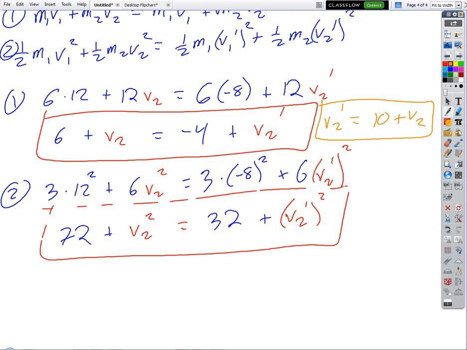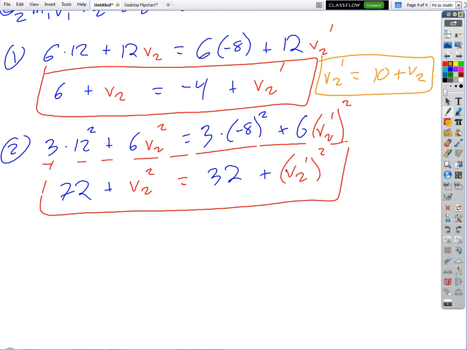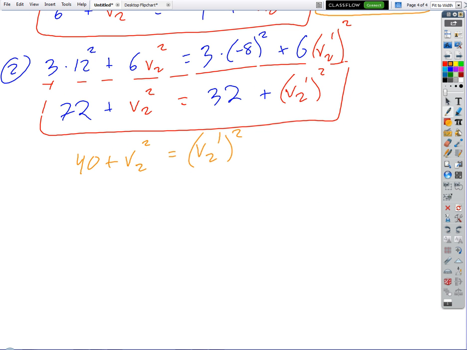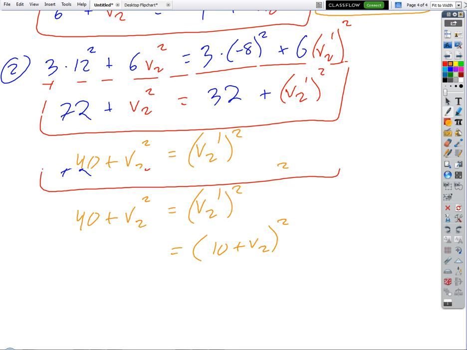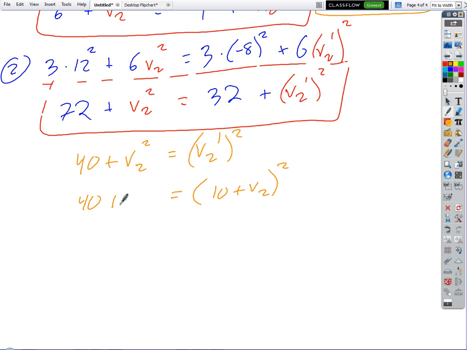Down here we can make this one a little bit simpler. We could combine like terms, so let's subtract 32 from both sides, and we're just going to get 40 plus V2 squared equals V2 prime squared, but V2 prime is just 10 plus V2, right? So we get 40 plus V2 squared equals the quantity 10 plus V2 squared.